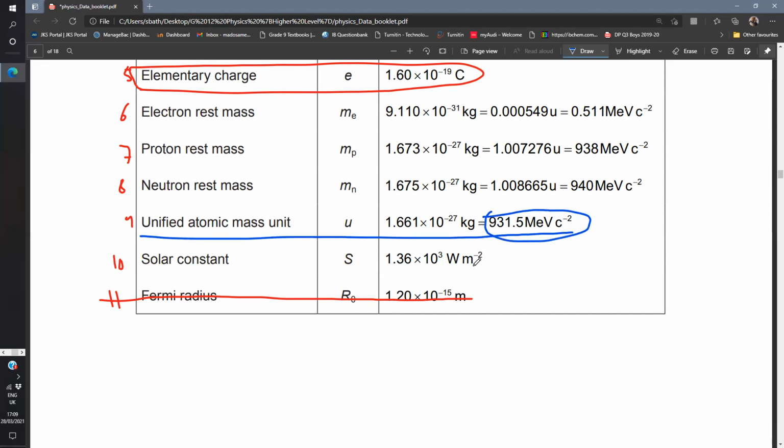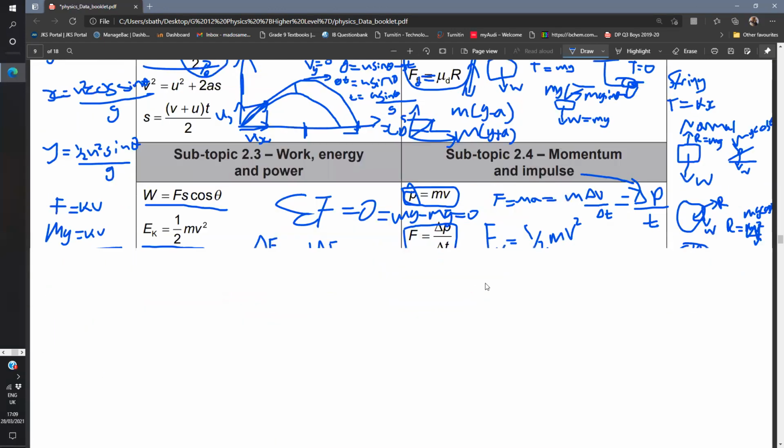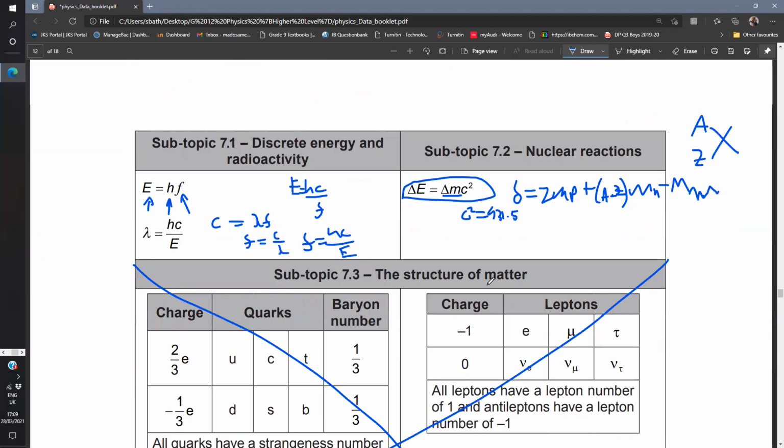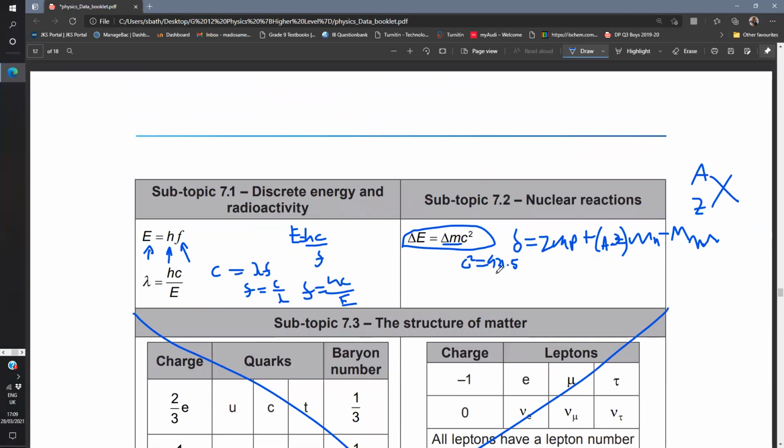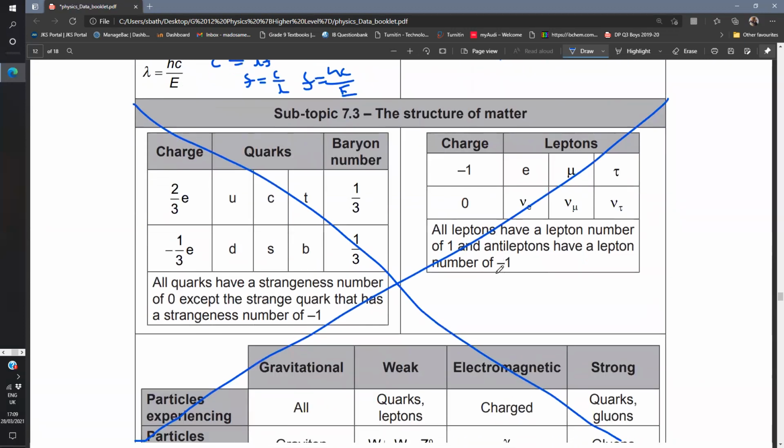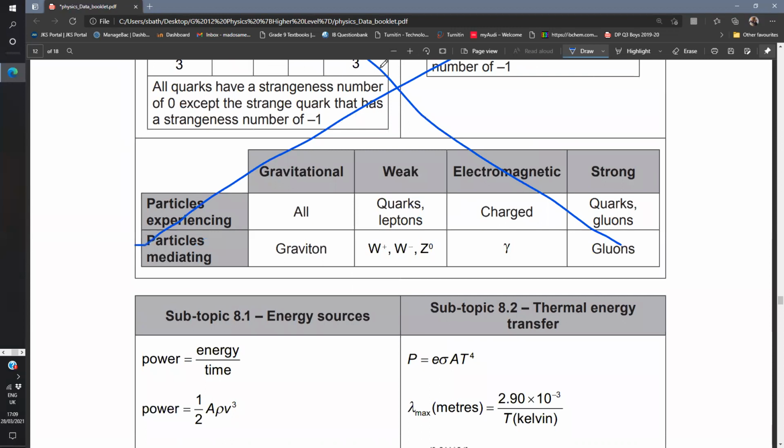That's it, the unified atomic mass unit. And as I said previously, this is mostly theoretical, so hopefully in the next upload.